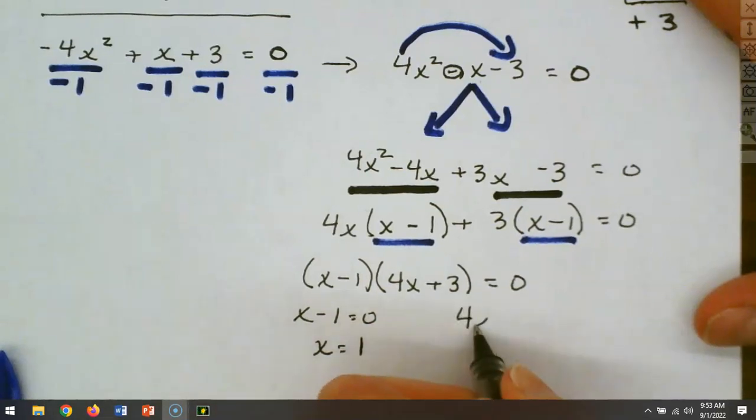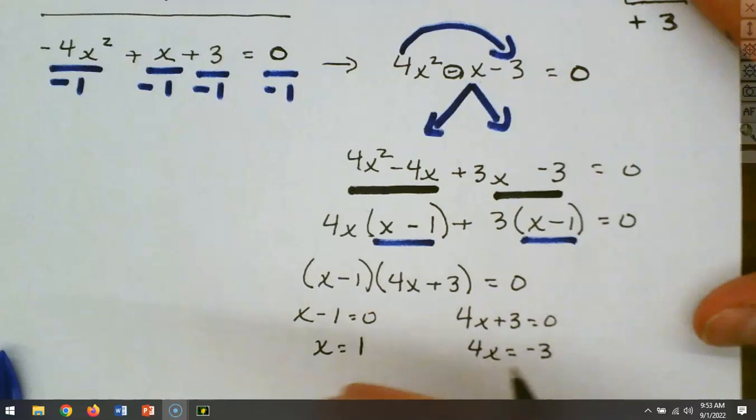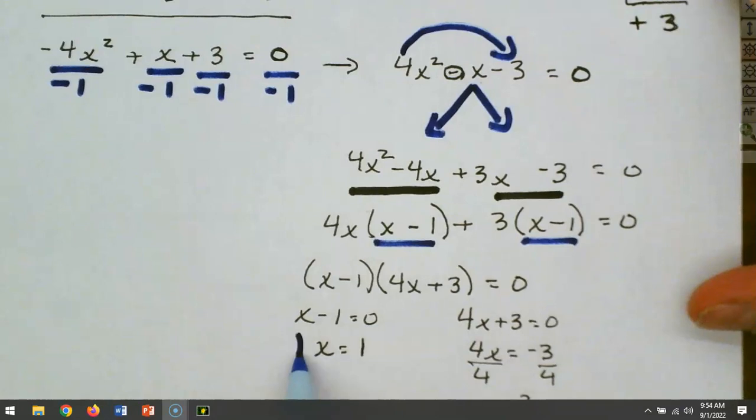The other one is 4x plus 3 equals 0. Move that 3 over, so 4x equals a negative 3. Divide by 4, and x equals a negative 3/4. So there are your two finished solutions.